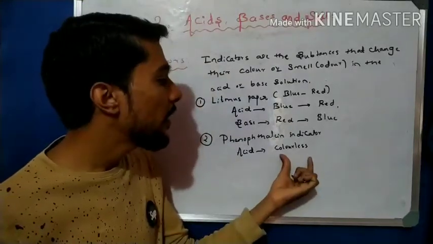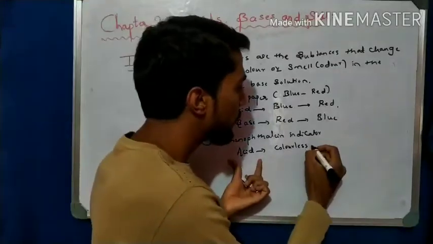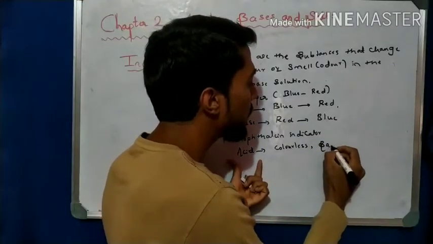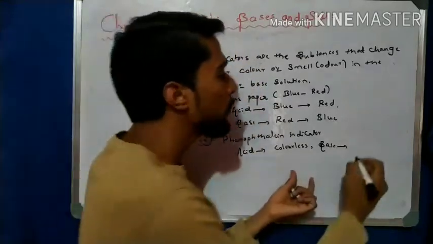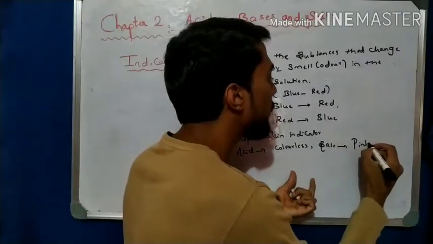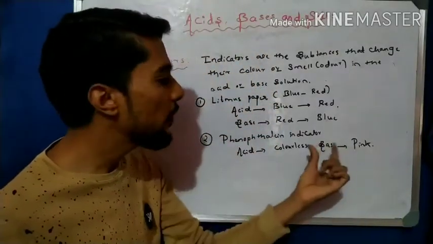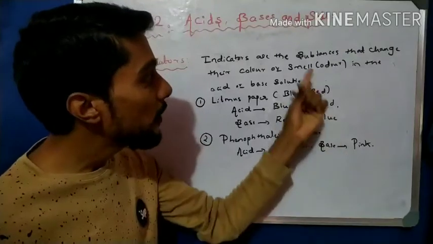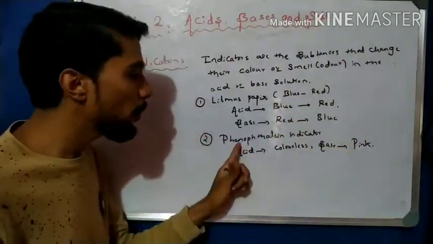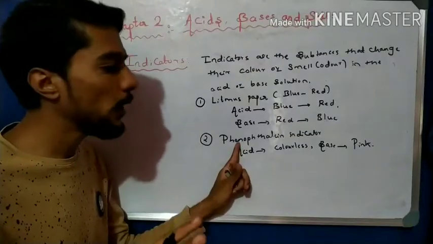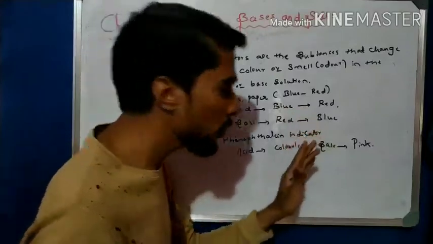That indicates that the given substance is acid. If you take a base and add a few drops of phenolphthalein indicator to it, then you observe that pink color is obtained. The pink color indicates that the given substance is base. So phenolphthalein changes its color in two ways: colorless in acid and pink in base. This is simple.